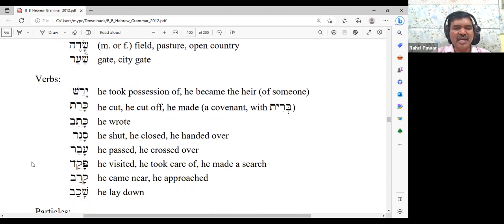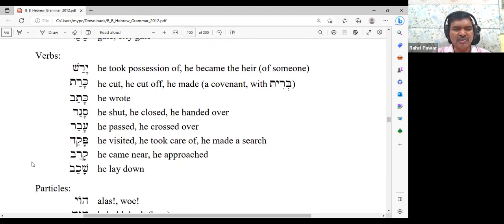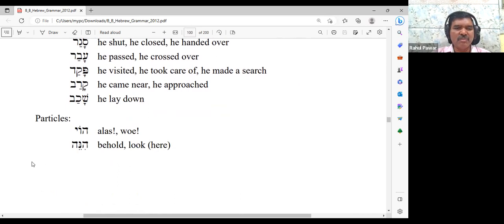Verbs are: yarash, he took possession of; karat, he cut off; katav, he wrote; sagar, he shut, closed; avar, he passed, he crossed over; paqad, he visited; qarav, he came near; and shakav, he lay down. Then particles are: hoy, meaning alas, woe; and hinneh, behold, look.